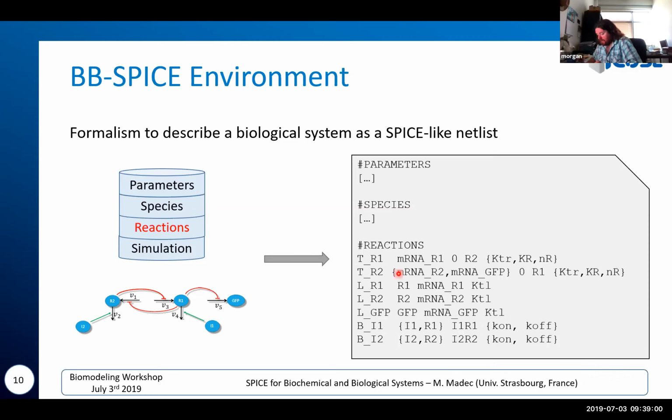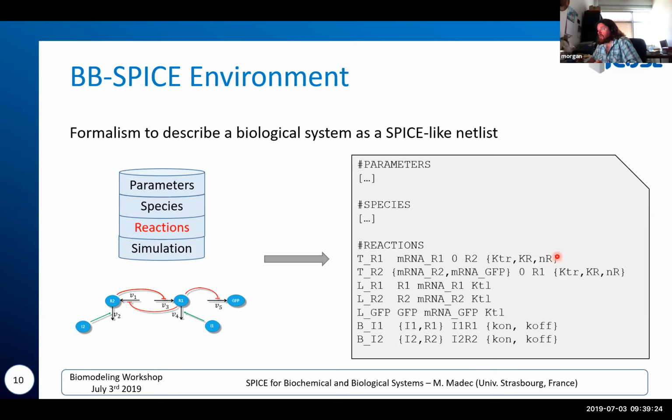And then you have a specific way to describe each one. For example, for the transcription, you need to give the name of the mRNA that is transcribed, then a list of the activators, and then a list of the repressors. In this case, I have no activator, but R2 plays the role of a repressor for this reaction.